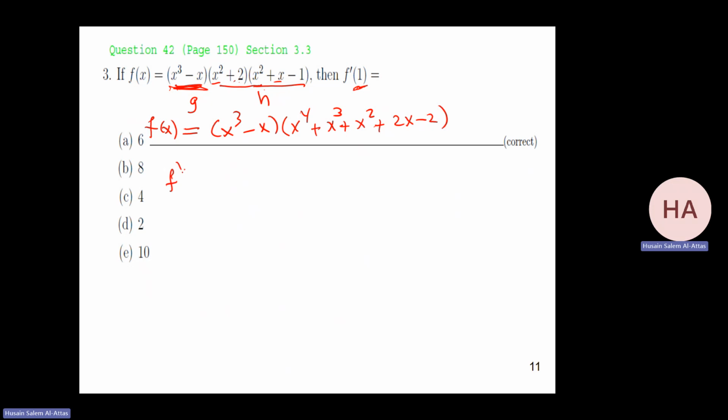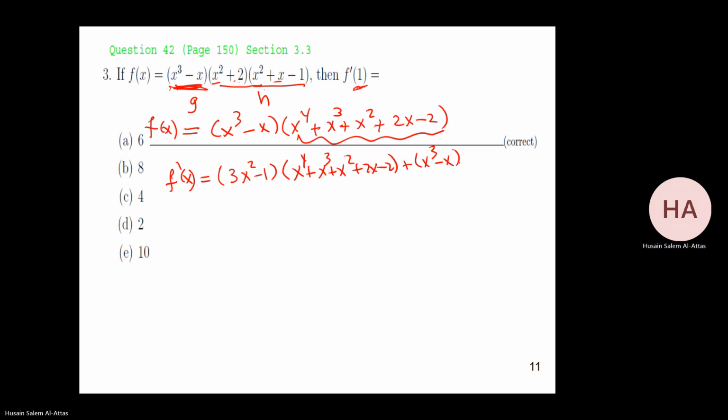Okay, now f prime. I need the derivative of the first, which is 3x squared minus 1, times the second, plus the first times the derivative of this, which is h prime at x. I don't care about this. Why?